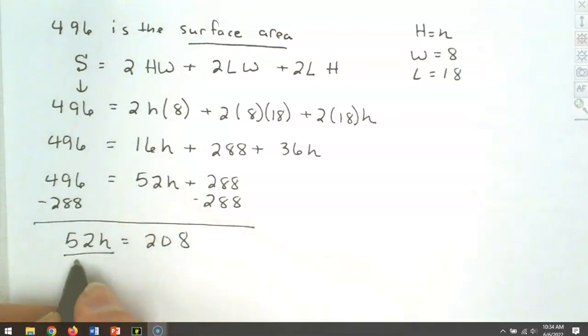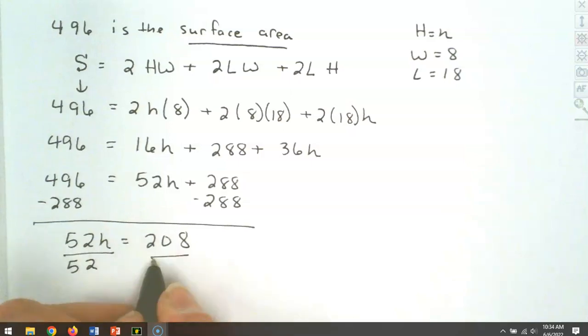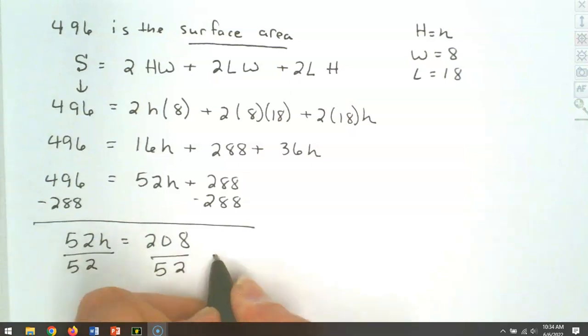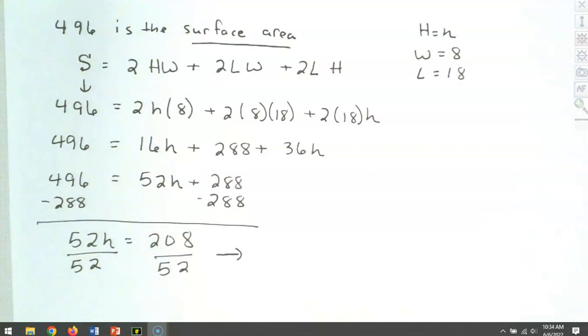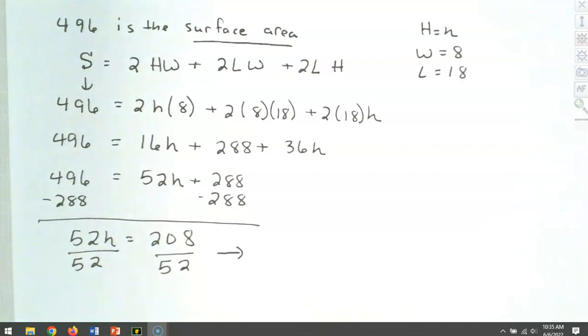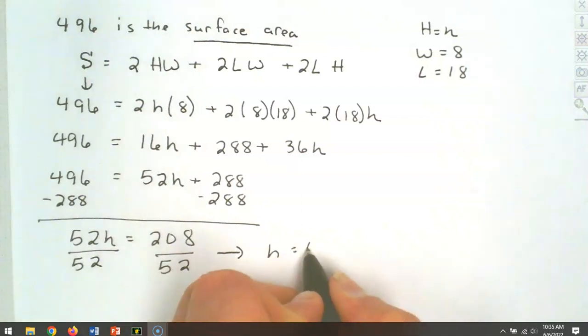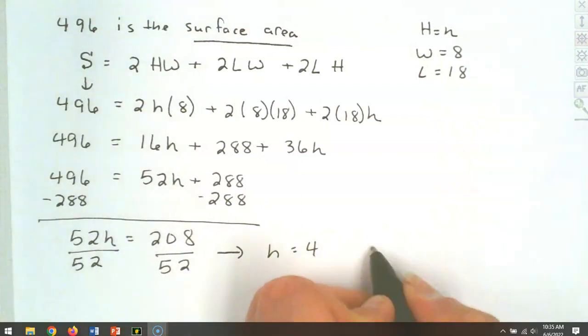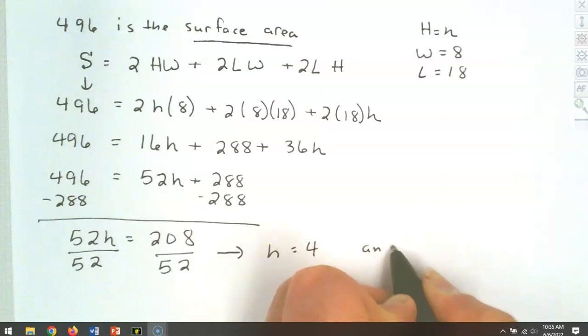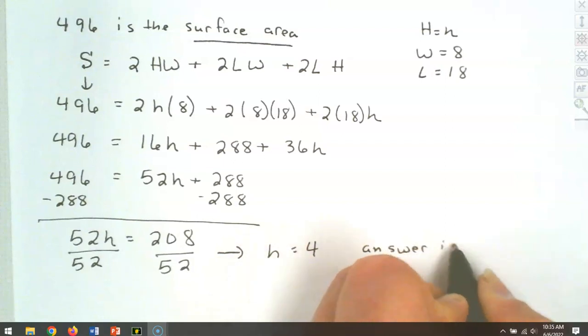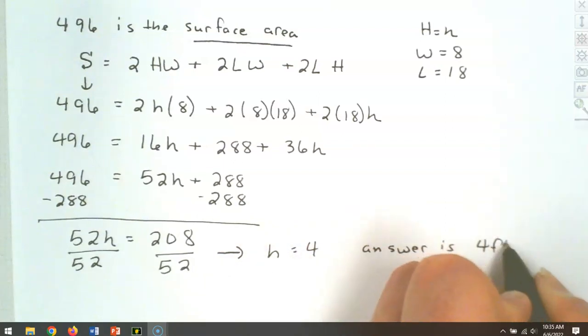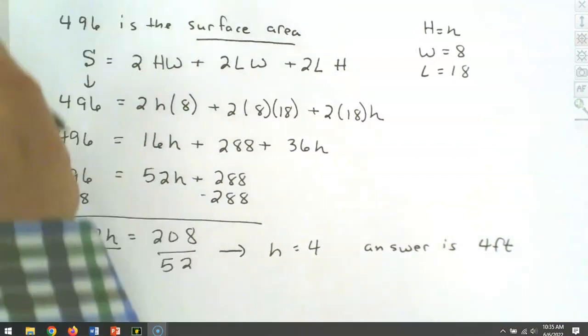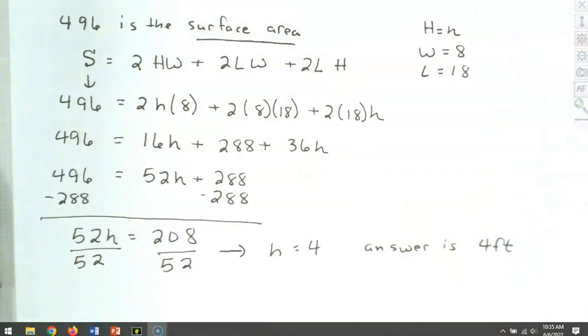And now when we divide by our 52, we get a whole numbered answer. 208 divided by 52 comes out to be 4. We want it in terms of feet, so my answer is 4 feet. So that storage container is going to be 4 feet, or sorry, 4 foot tall.